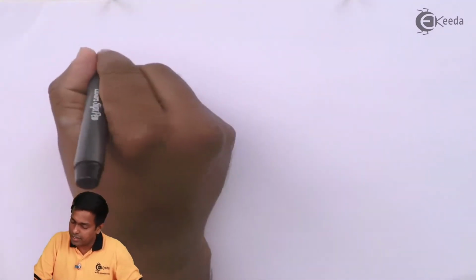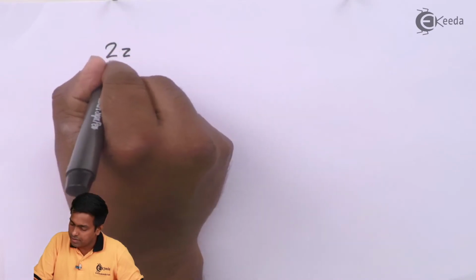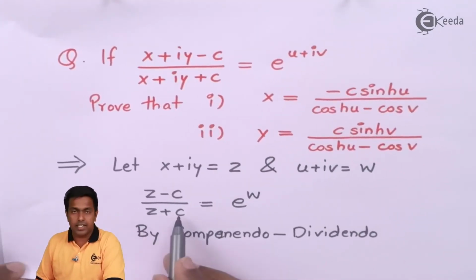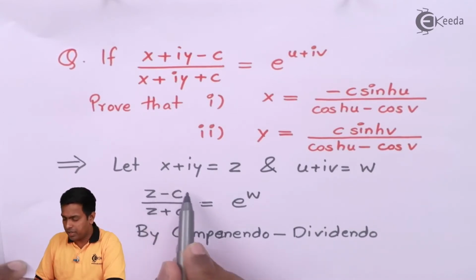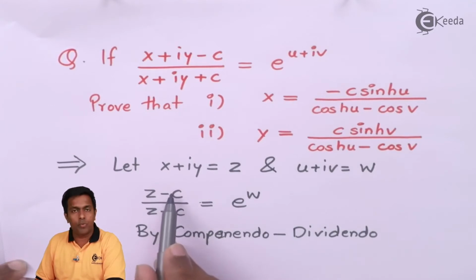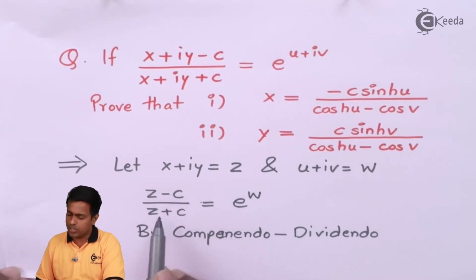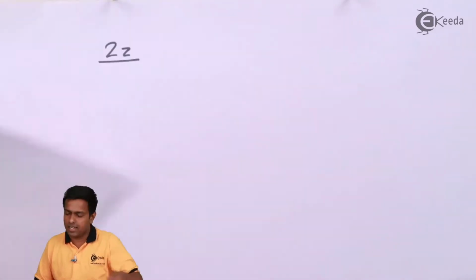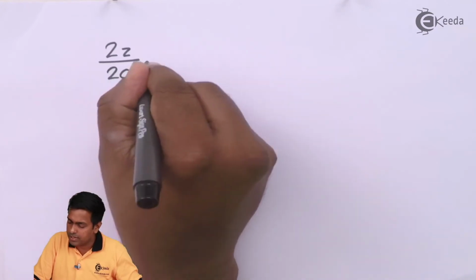So guys, here we will get 2z. Now we'll keep the denominator as it is, and we'll take the denominator and the numerator and subtract the numerator from the denominator: z + c - (z - c). So z and z cancel and we will get 2c.